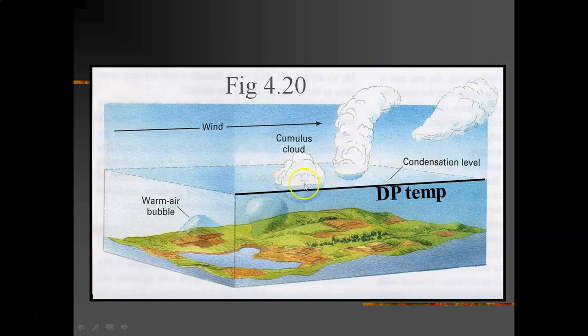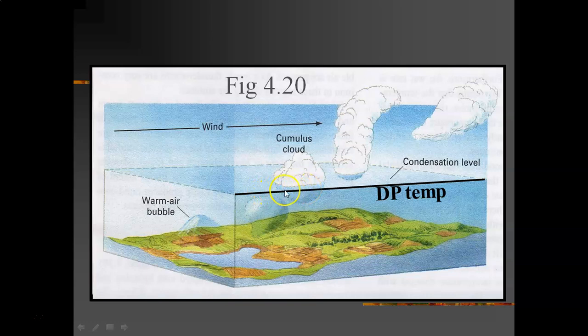All right, here's a figure just kind of illustrating what we're talking about. We've got a hot spot and a thermal, and a heated bubble of air. And they've got it here as a windy day, so they've kind of pulled our bubble of air downwind. But normally it would rise, and it would cool, and relative humidity would be increasing until it increased to 100% as you cooled the air.